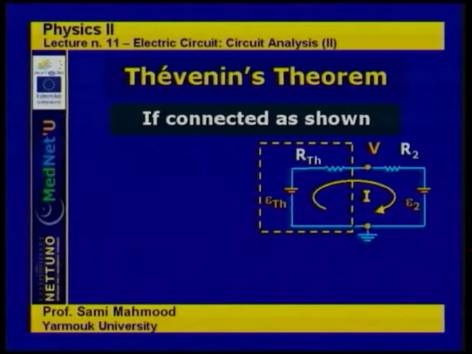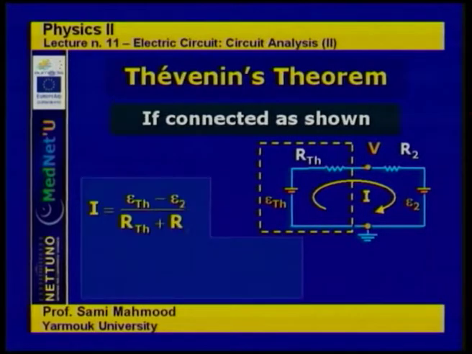For example, if we go back to our original circuit, we have determined the Thevenin's equivalence. We now hook this box to the branch across R2, and we can thus determine the current through R2 by hooking this box to this remaining branch.